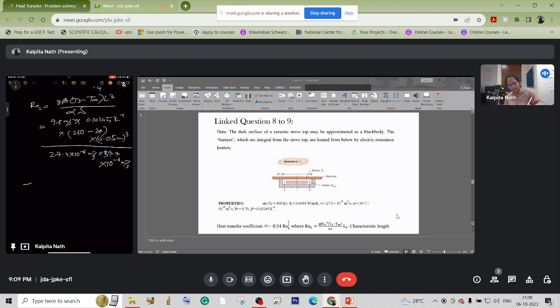Calculating all this, it will come out to be 6.35 into 10 to the power 5.